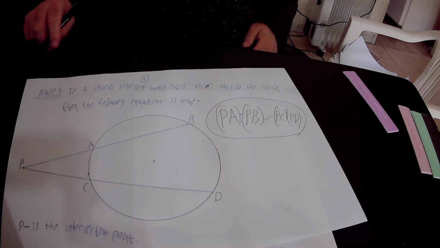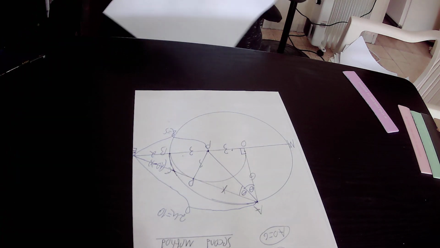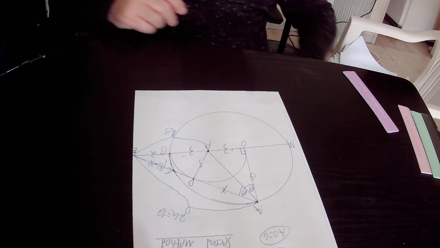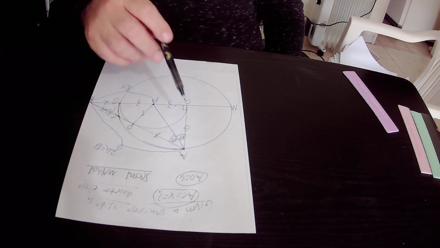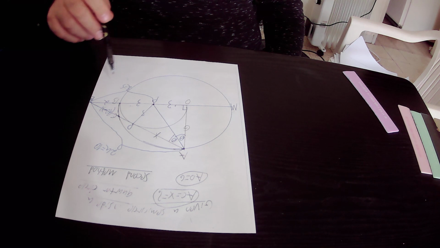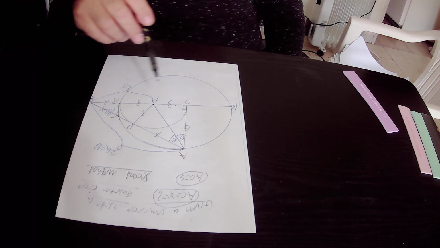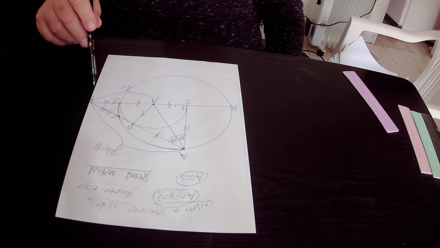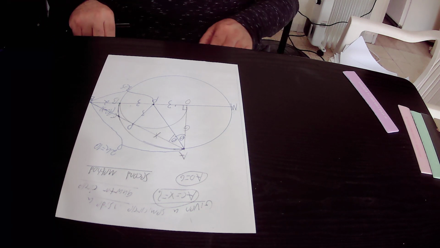Okay, so we can implement rule number 3 in our drawing. Why? Because in our drawing, we have chord AC that intersects with chord MB at point E. Point E is the intersection point of those two chords. So I write it down.